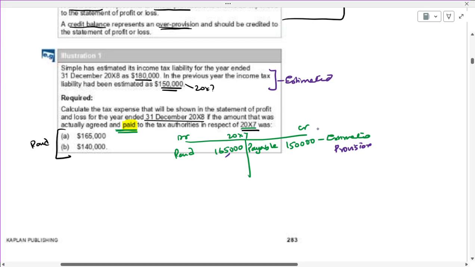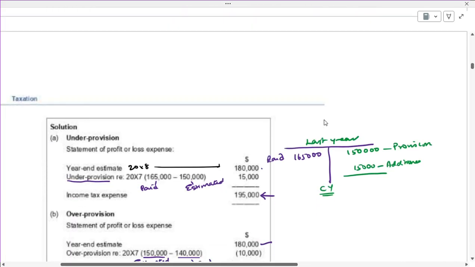I know every student will have this situation. It's good for us to make it clear. You are making a provision. This is for the year 2007.